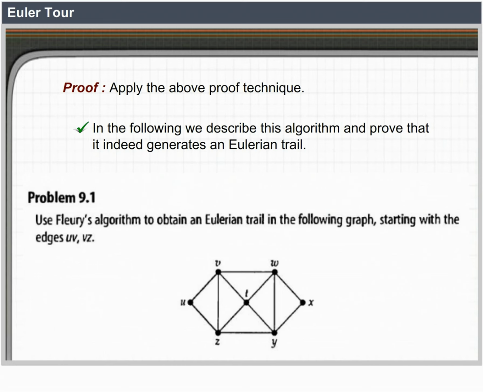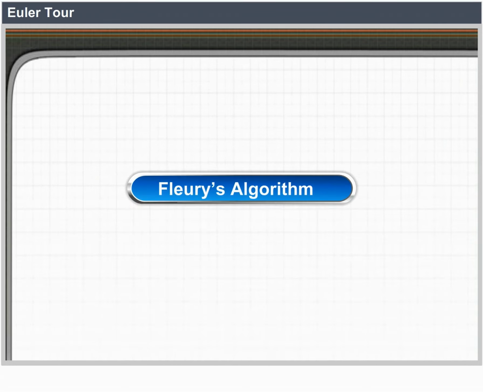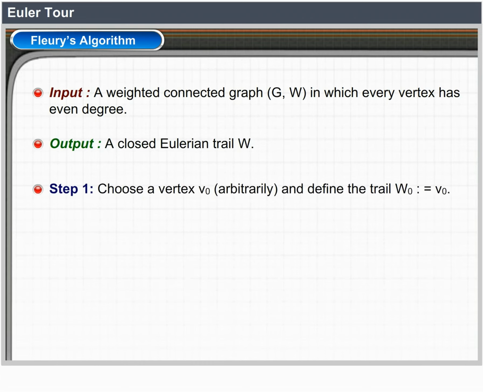Fleury's algorithm. Input: a weighted connected graph G, w in which every vertex has even degree. Output: a closed Eulerian trail W. Step 1. Choose a vertex V0 arbitrarily and define the trail W0 equals V0. Step 2.